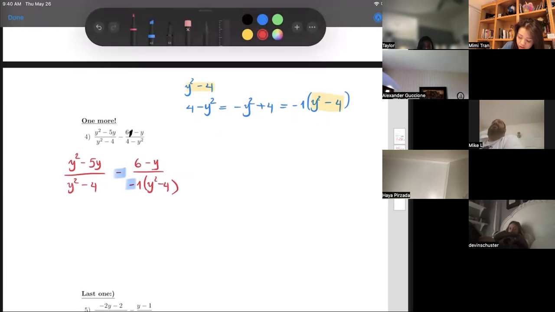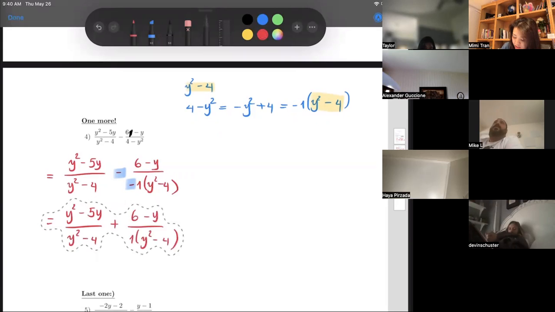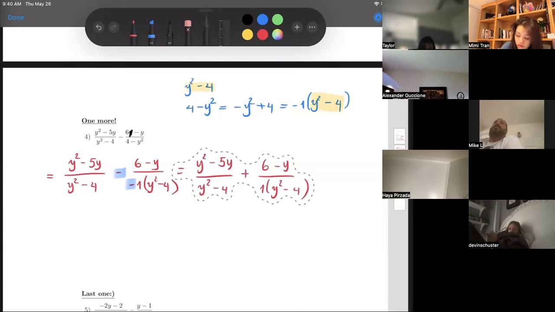So I can rewrite y squared minus 5y over y squared minus 4 plus 6 minus y over 1 times y squared minus 4. But again, 1 times anything is just itself, right? So I don't even have to write that 1. I'm just going to remove that 1.